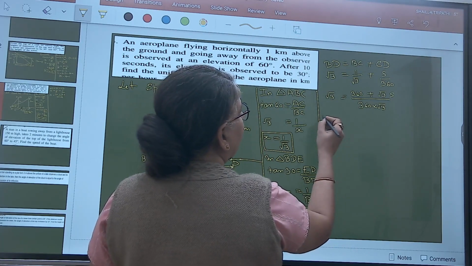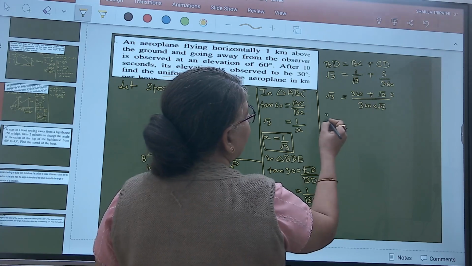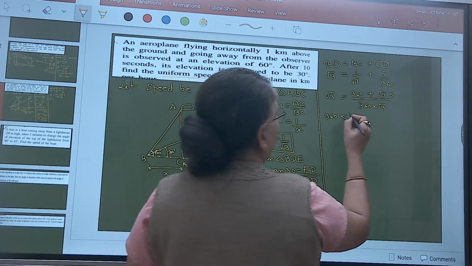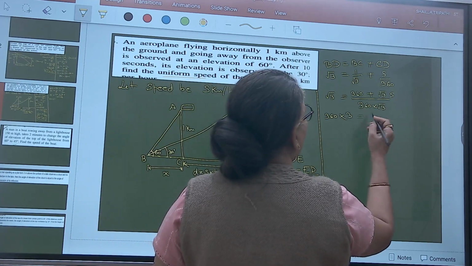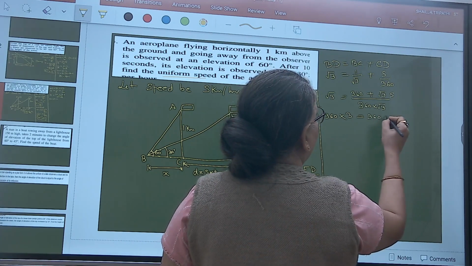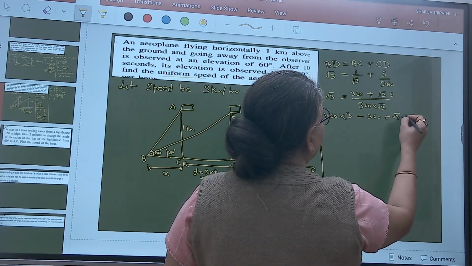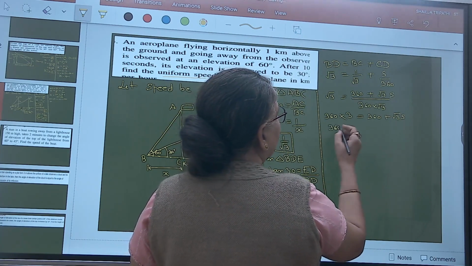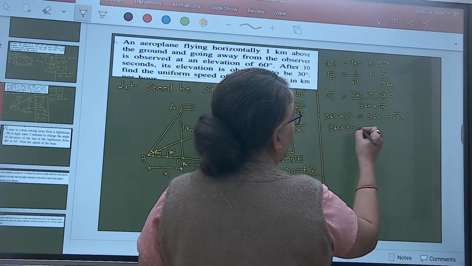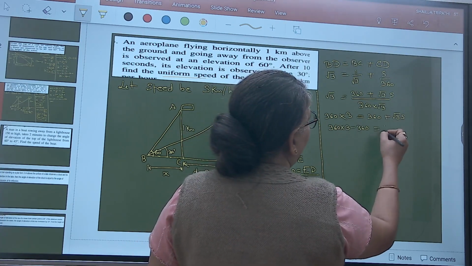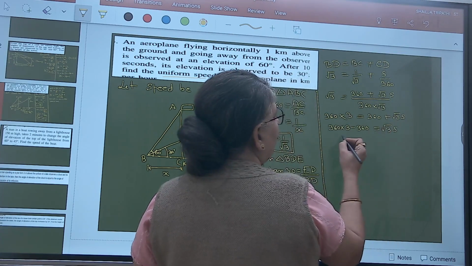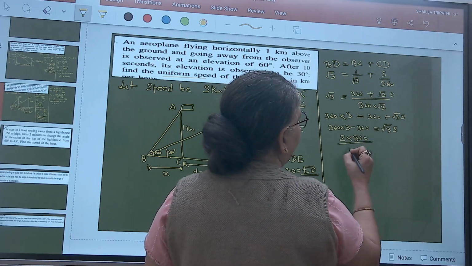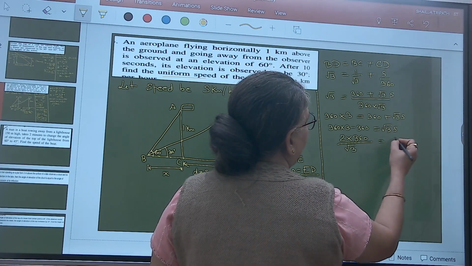Okay, we'll cross multiply, we'll get 360 into root 3 into root 3 is 3. So you get here 3 into 360 is equal to 360 plus root 3 s. Now let's solve it. We get 360 into 3 minus 360 is equal to root 3 s, or we get 2 into 360 divided by root 3 is equal to s.